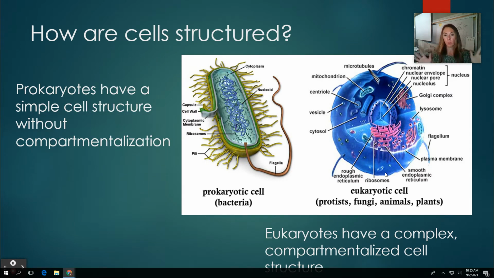Pretty big differences between the two, and I have a chart for you coming up, but prokaryotics are very simple. There's no compartments, so they can't specialize what they do, and eukaryotics are complex and compartmentalized, right? Eu means true, and karyote means nucleus. So it has a true nucleus where the DNA is stored. Pro first, without it, so without nucleus.